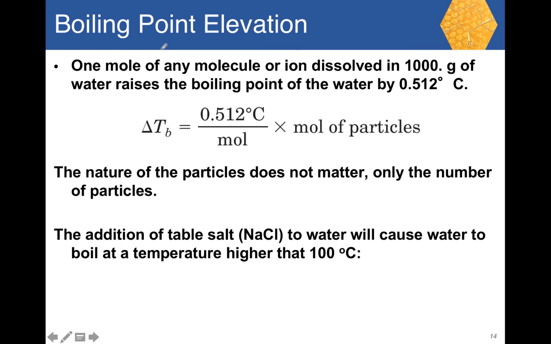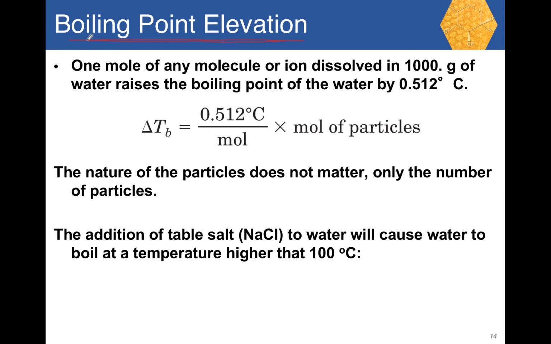Let us look at another aspect here of colligative properties, and this is the boiling point elevation. Of course, as you know, if you are in the kitchen and you're cooking, if you put water to boil and you put salt in it, the boiling point of that solution of salt and water is no longer 100 degrees C, but different.